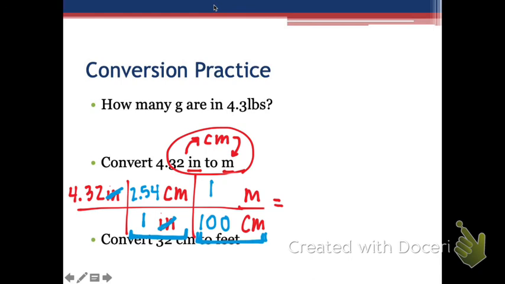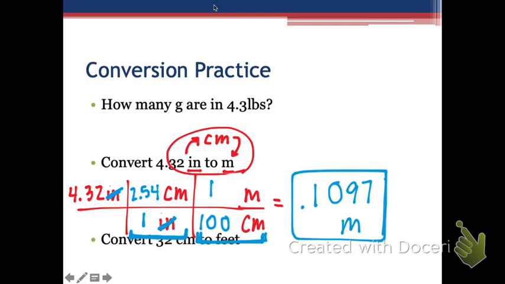Multiply across the whole top, I hit enter, and then I divide by the whole bottom. So I get 0.1097 meters. Does that answer seem reasonable? Did we expect it to be a small number? Very good.